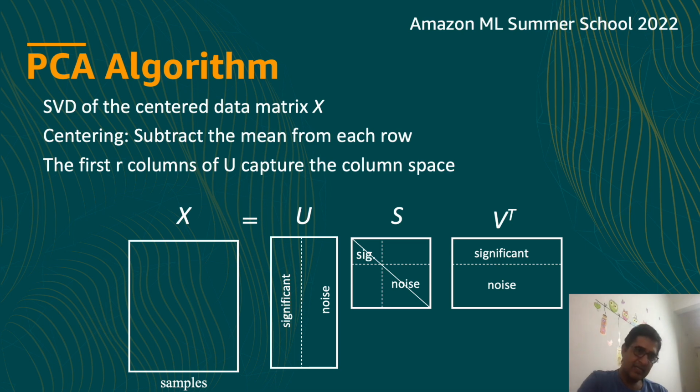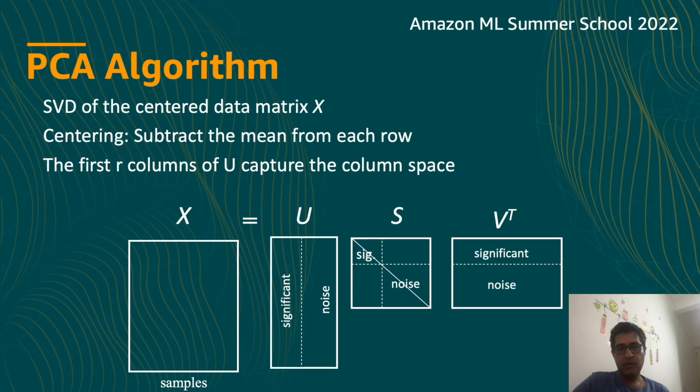PCA is actually the SVD of the centered data matrix X. The centered data matrix X is obtained by taking the mean of the matrix X and subtracting the mean from each row.